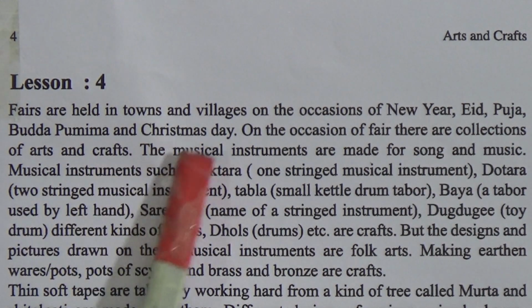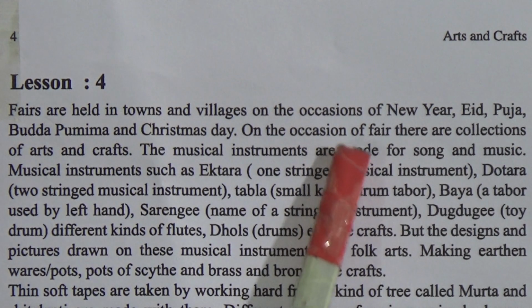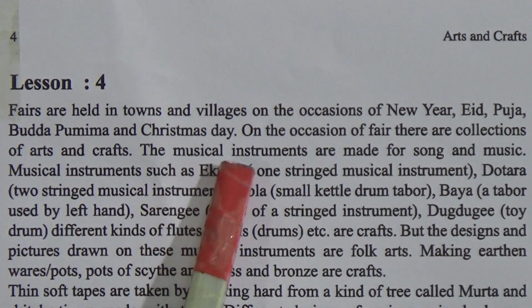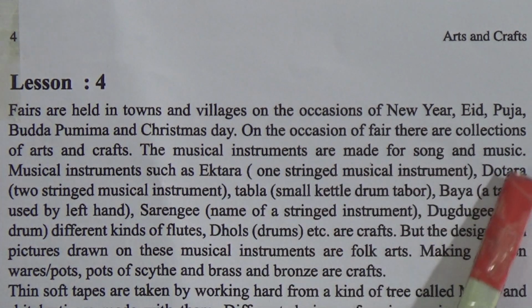Now our lesson 4. Fairs are held in towns and villages on the occasions of New Year, Eid, Puja, Buddha Purnima and Christmas Day. On the occasion of fairs, there are collections of arts and crafts. Musical instruments are made for song and music.